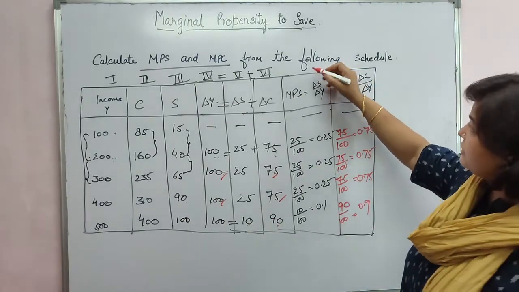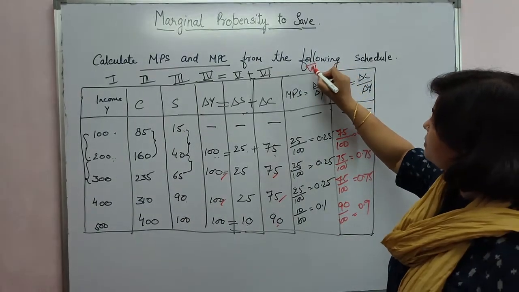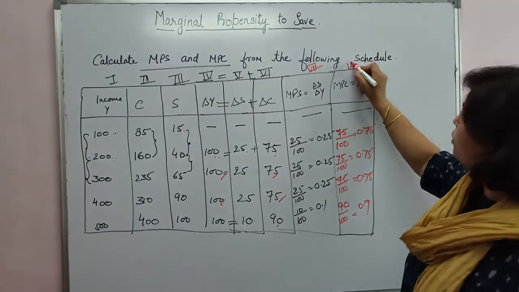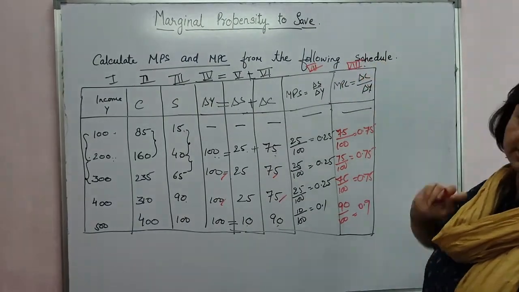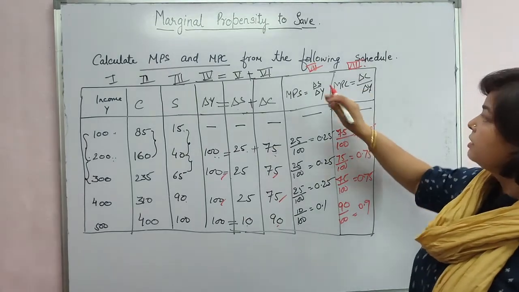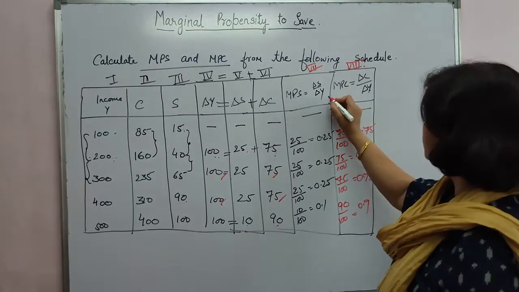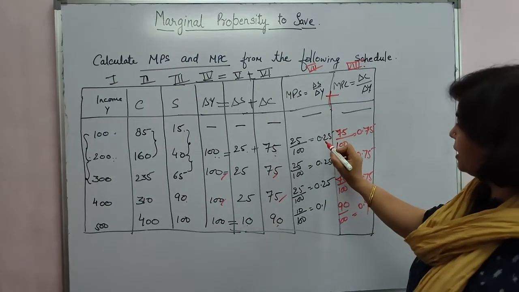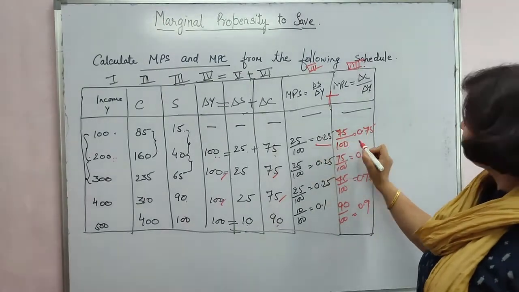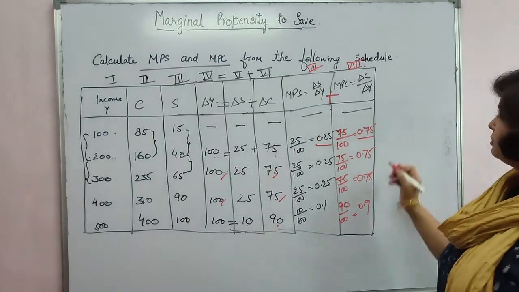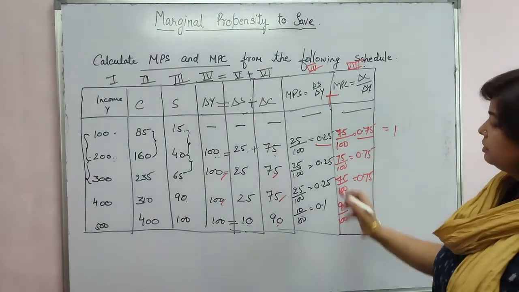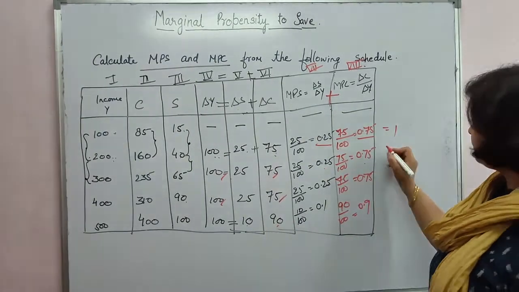Now, this column 7 is MPS and column 8 is MPC. Now, if we add both the columns, we will get the value 1. So, we will check 0.25 plus 0.75 is equal to 1.